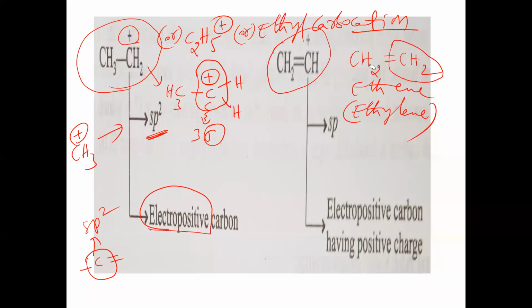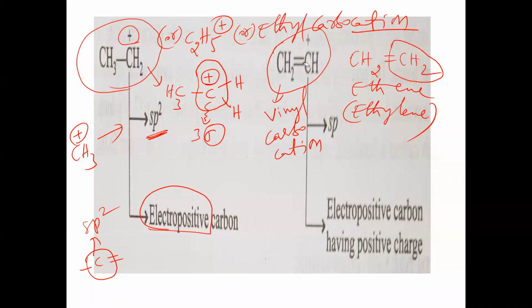From any CH2, if you remove one hydrogen, we get CH2 double bond CH plus. It is called the vinyl carbocation. In this vinyl carbocation, the double bonded carbon has positive charge.